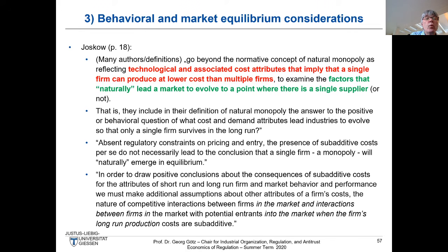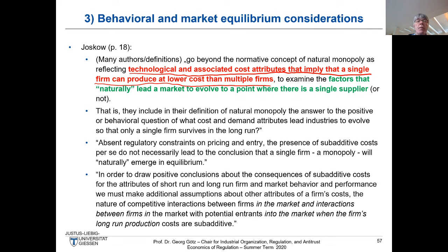So what we discussed at length was the technological and cost attributes that imply that a single firm can produce output at a lower cost than multiple firms. This was our definition of a natural monopoly, our definition of subadditivity.